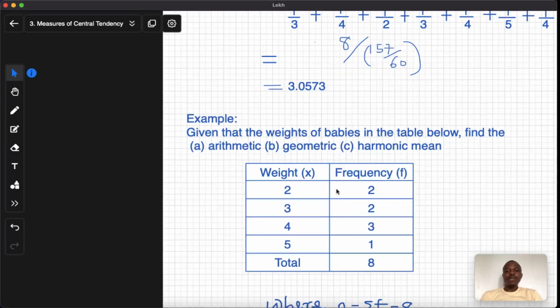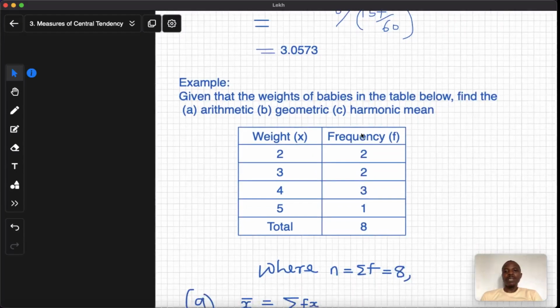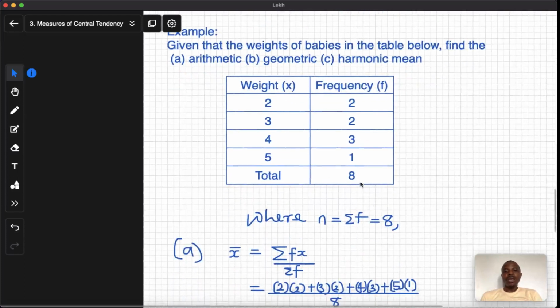But what about a situation where we are given the weights of the babies in a frequency distribution form? It could be any data, but we are using this just to illustrate the concept. Now, in that case, when you add all the frequencies, you are going to have n to be the same thing as the summation of the frequencies, so that will be 8.